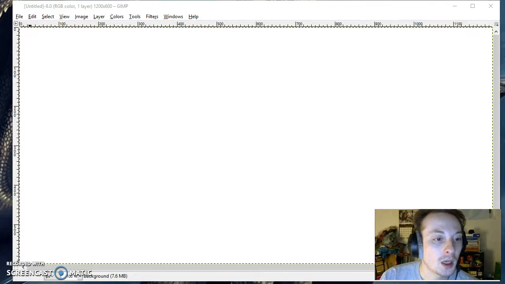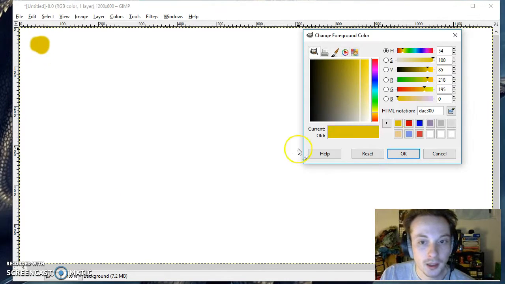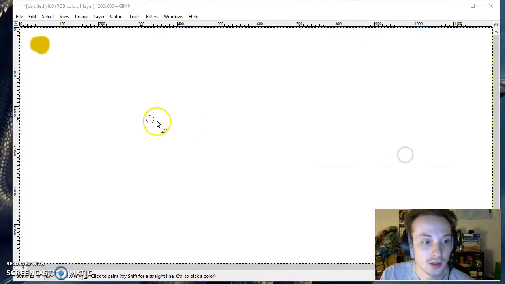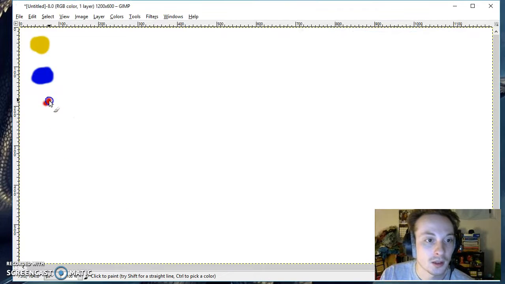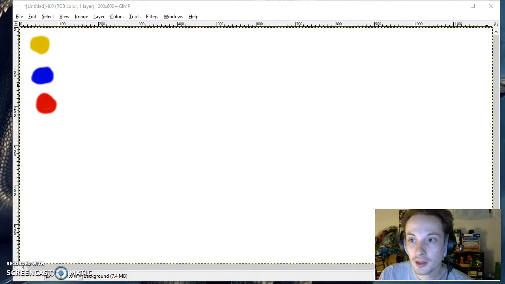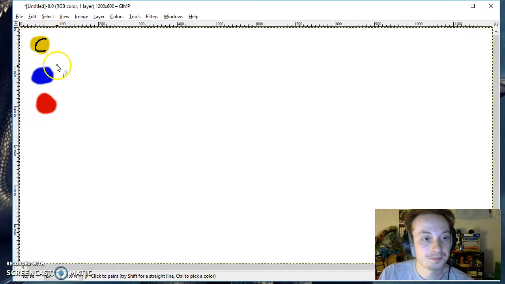So I'm going to start by defining a couple colors here. We're going to have yellow, and let's get blue, and let's get a red. So we have three colors, and we're going to call these C for central atom, so this will be like the one in the middle.